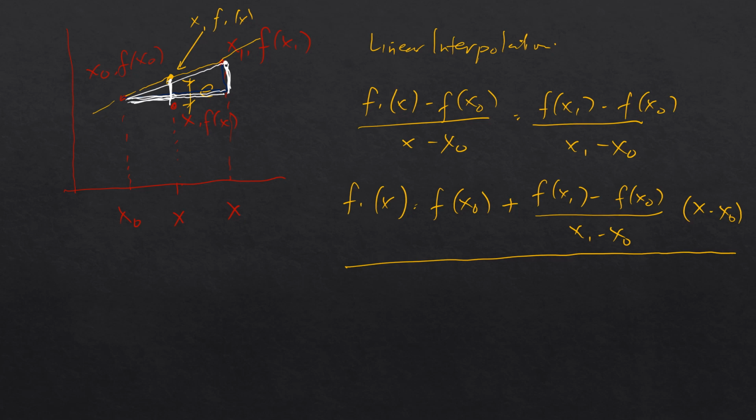The notation f1 of x indicates that this is a first order polynomial. The term f of x1 minus f of x0 all over x1 minus x0 is the finite difference approximation of the first derivative. So the smaller the interval between the data points, the better the approximation.